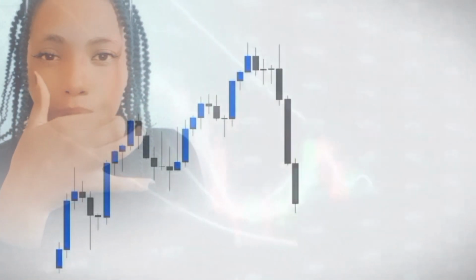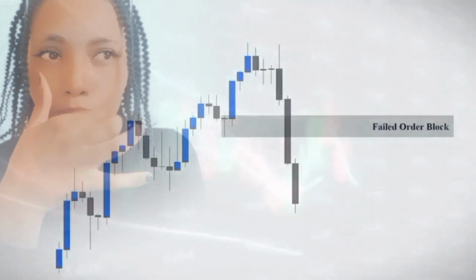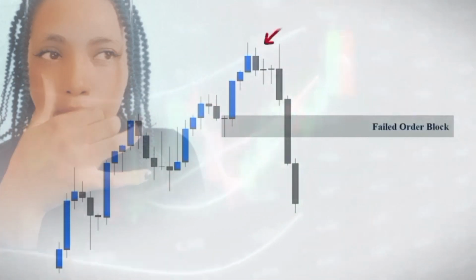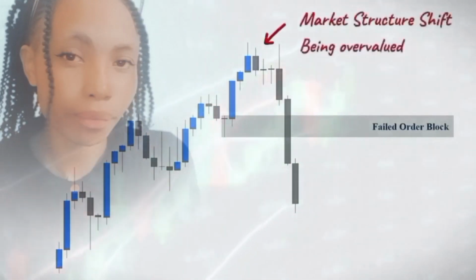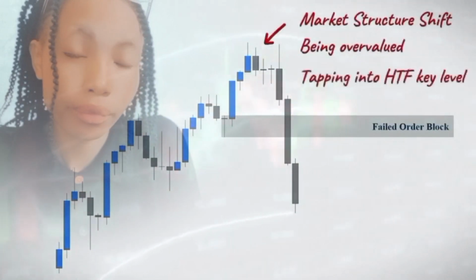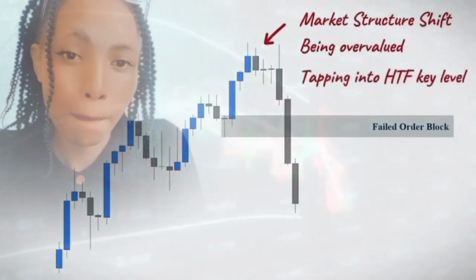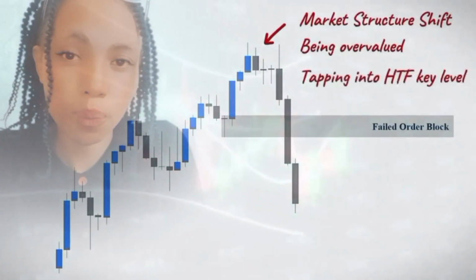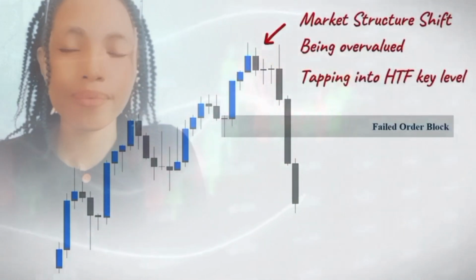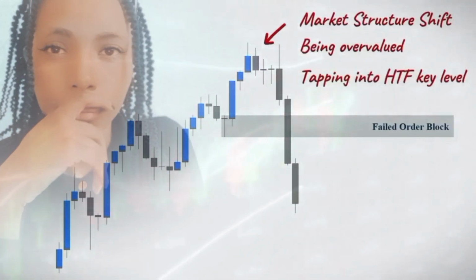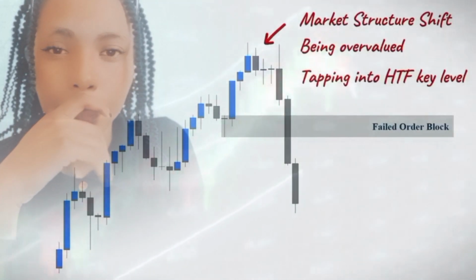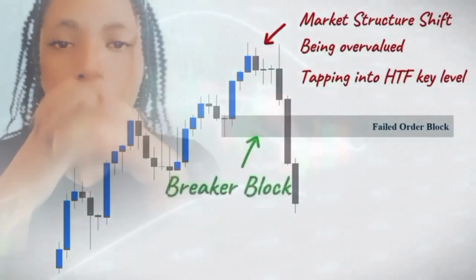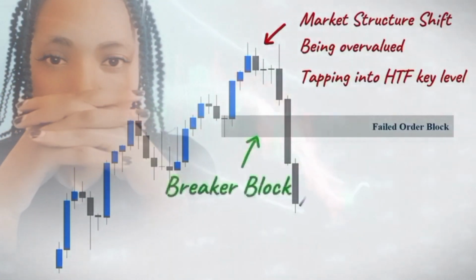The market could ignore the order block supply and demand for many reasons, including a shift in market structure, being overvalued or oversold, tapping into higher time frame key levels, and more. When a valid demand order block fails to reject the price and the price breaks through, it becomes a supply level. We call it a breaker block, expecting that the market will reject this area.